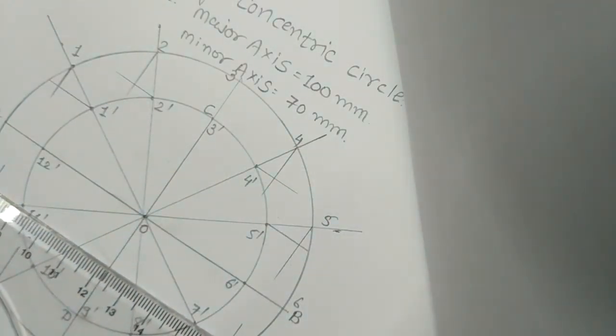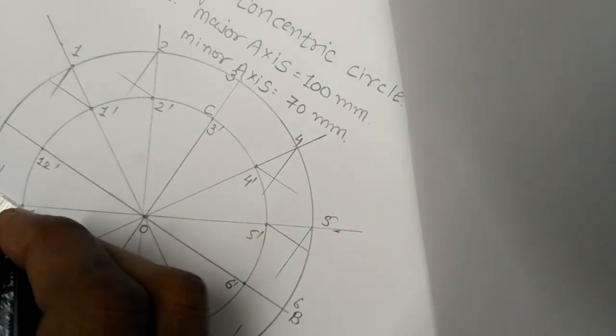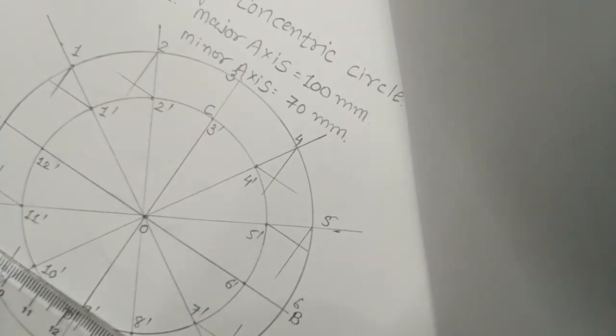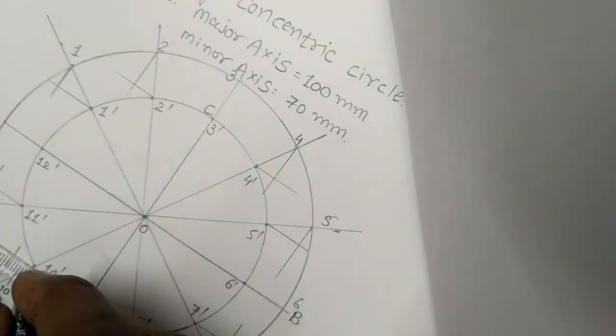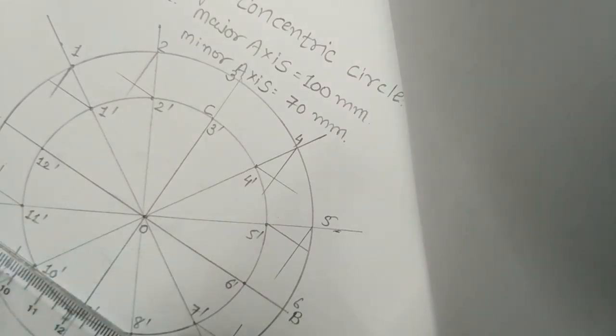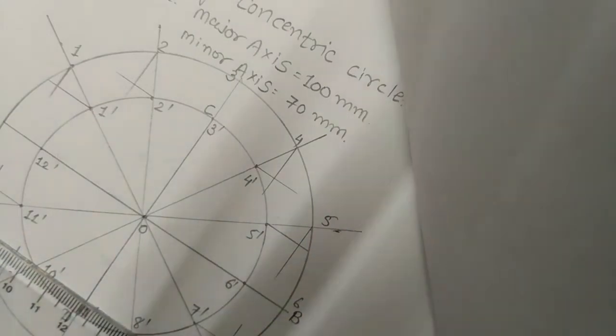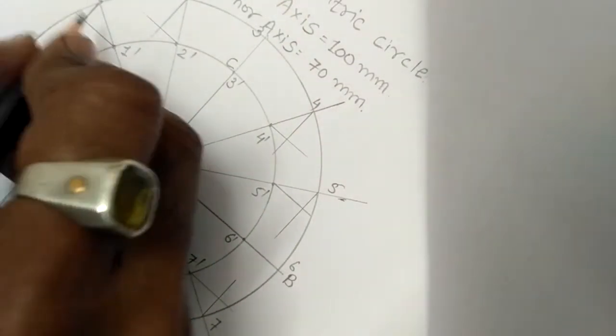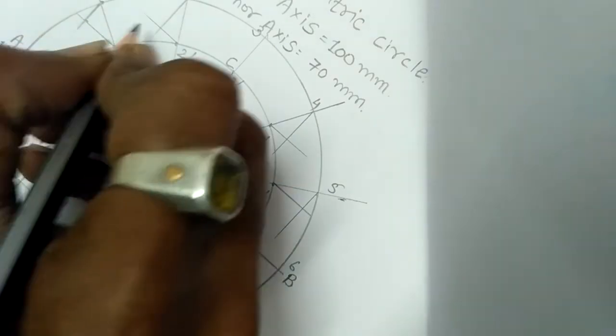Similarly for 7 dash and 11 dash I will extend a horizontal line towards the outer side. Similarly for 10 dash and 8 dash I will extend a horizontal line towards the outer side. Okay. Now just connect the intersecting points.